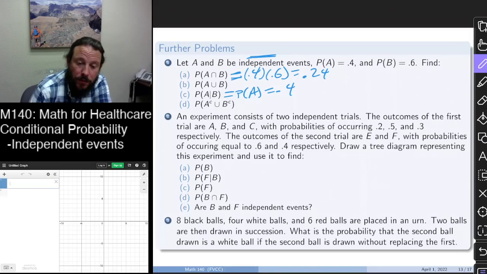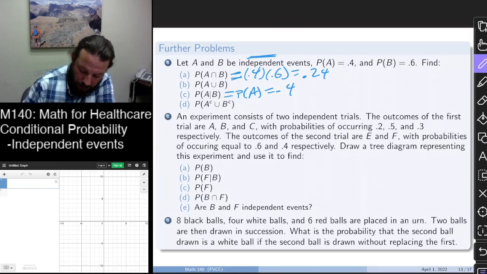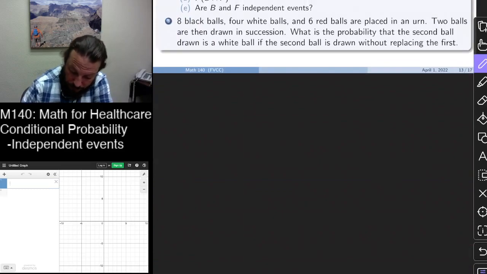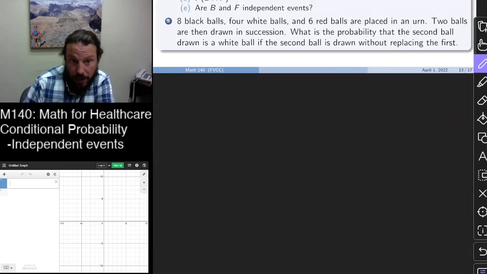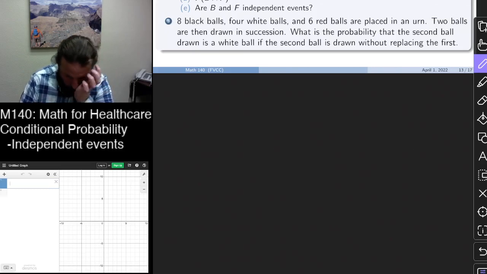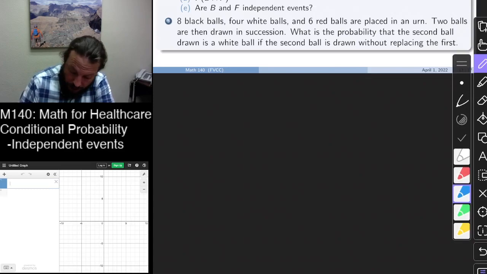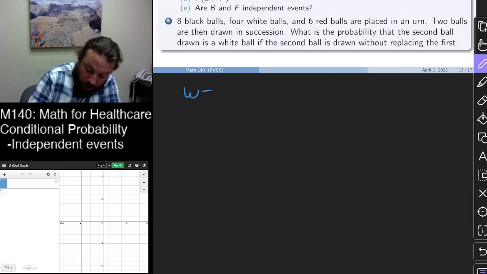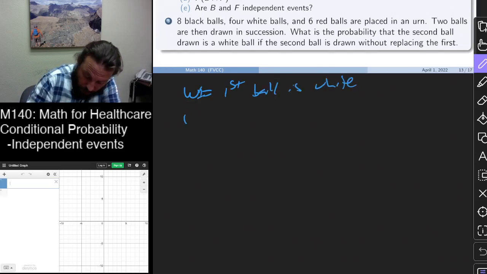All right. So there, we really need our Venn diagram to think about it. Notice we're only talking about the white balls. So we could really just make it 2 categories here. Let W1 be the first ball is white, and W2 the second ball is white.